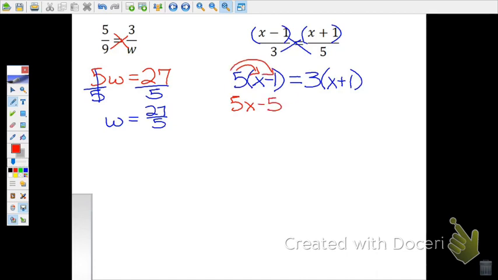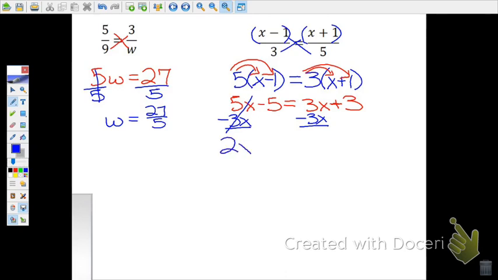So I get 5x minus 5 equals 3x plus 3. Variable on both sides, so what do I want to do next? I'm going to subtract 3x from both sides. Whoops, that one shouldn't go away.